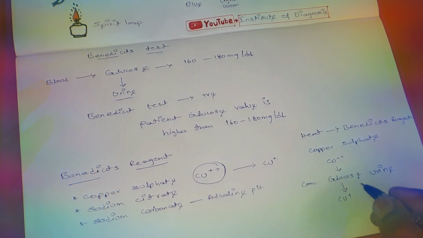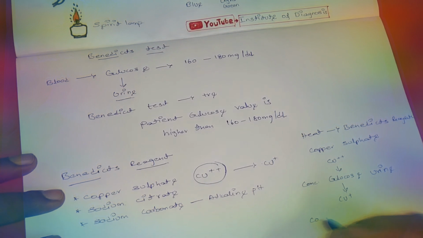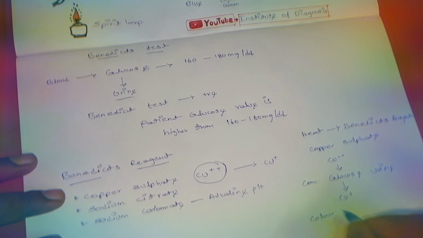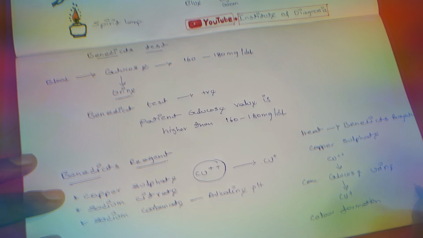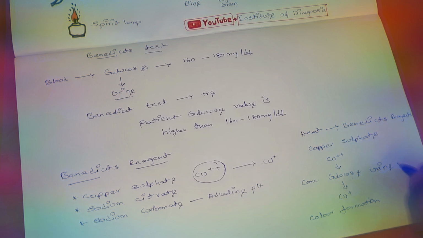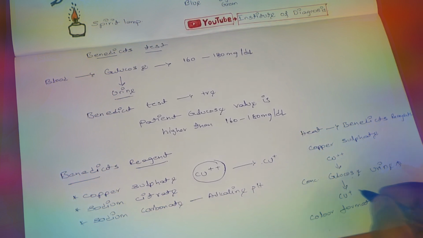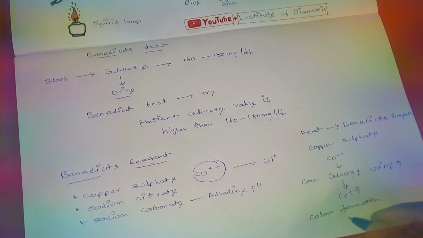That means they are reduced. As a result, color formation will take place. So if urine contains more amount of glucose, then more amount of Cu+ will be formed and more amount of color will be formed.